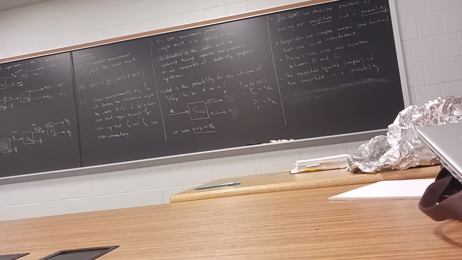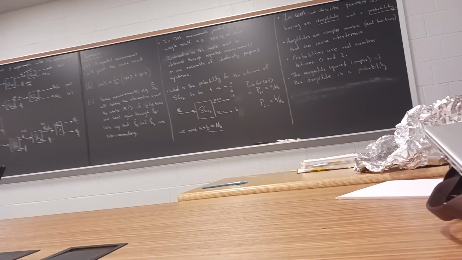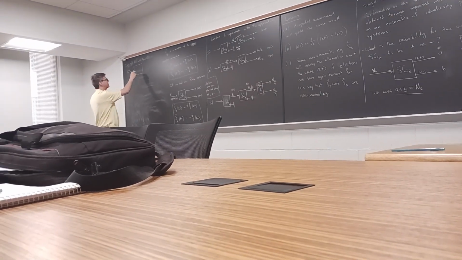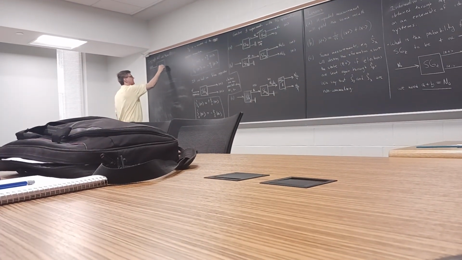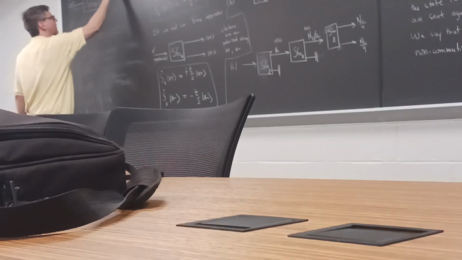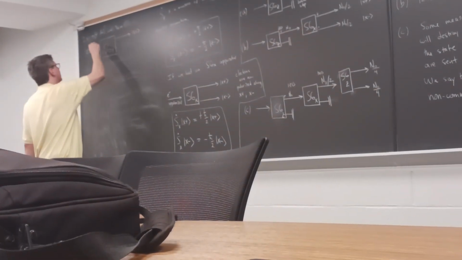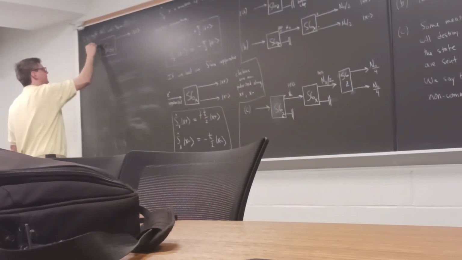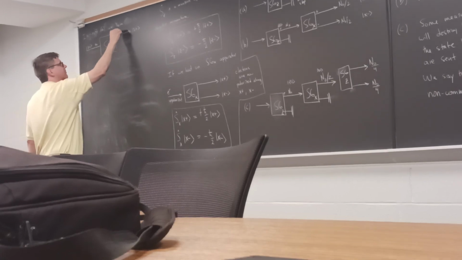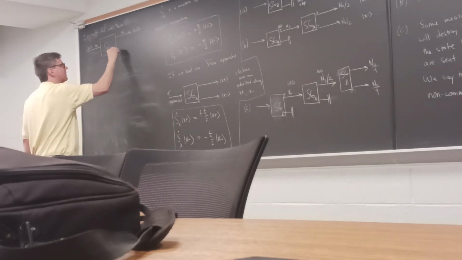We have a Z plus beam going into an SG-Z apparatus, and then it comes out as Z plus. And if there are N0 here, we'll just get N0 out.